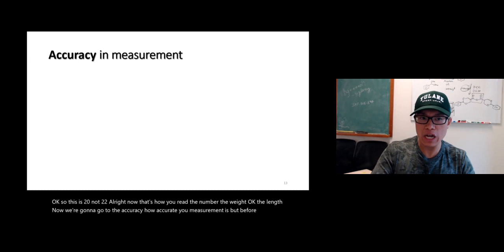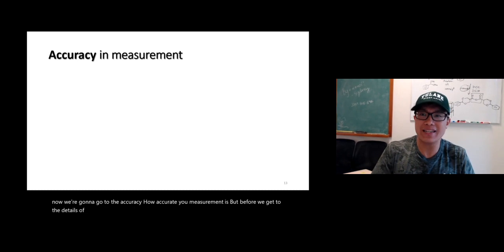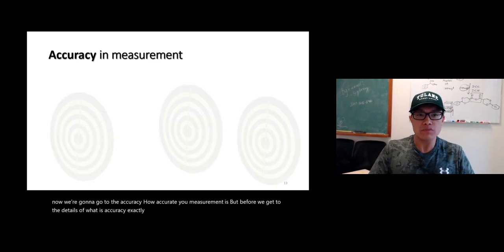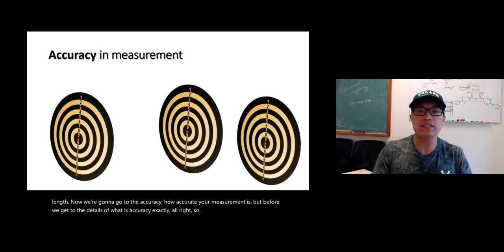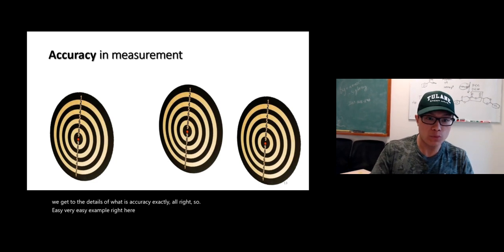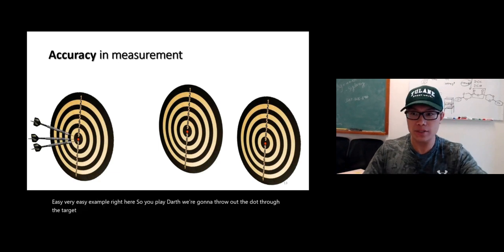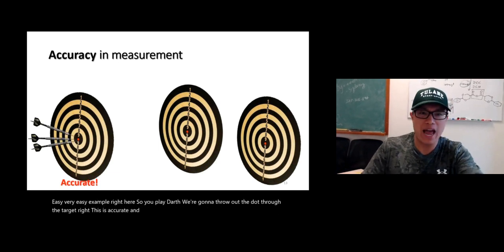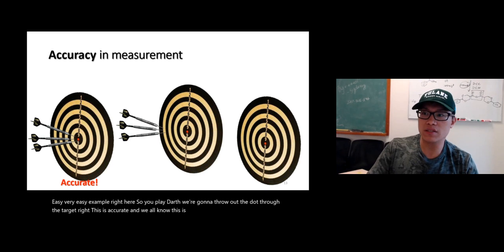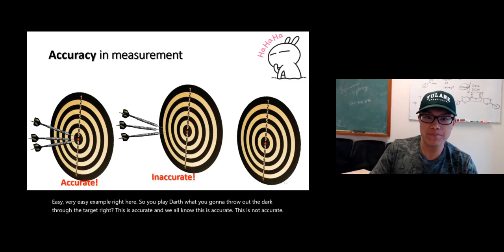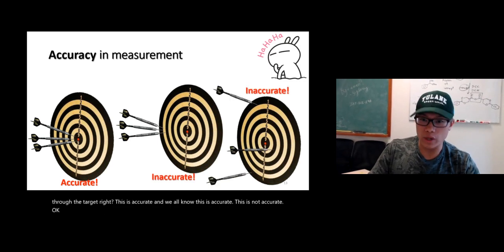But before we get to the details, what is accuracy exactly? A very easy example right here: you play darts, where you throw the dart at the target. This is accurate, and we all know this is accurate. This is not accurate. And this is worse.